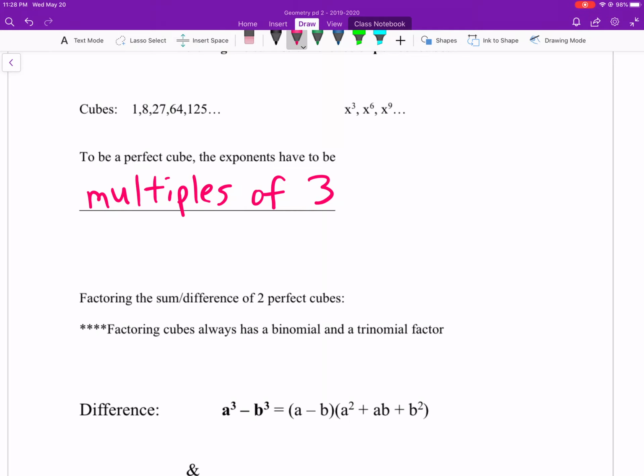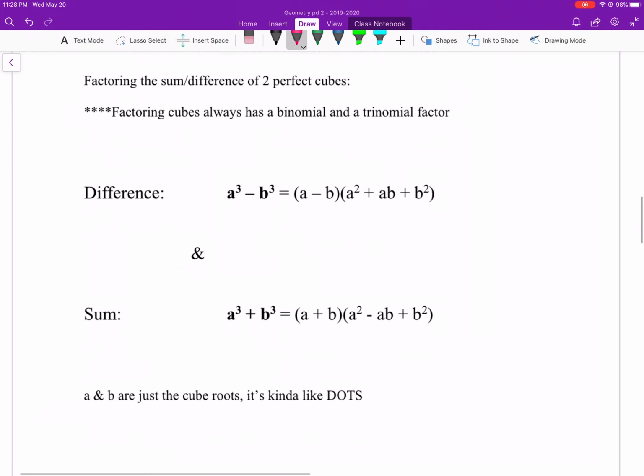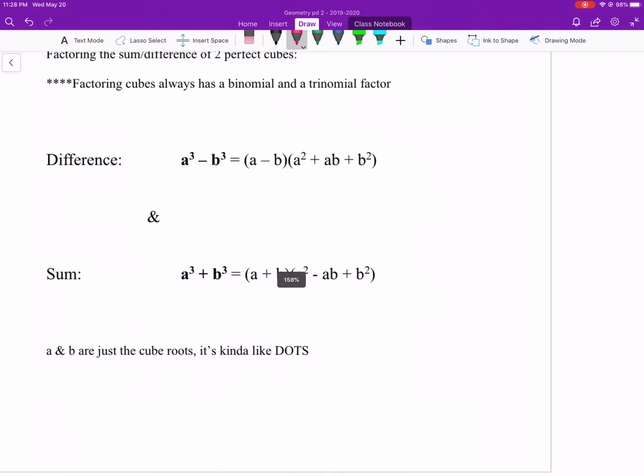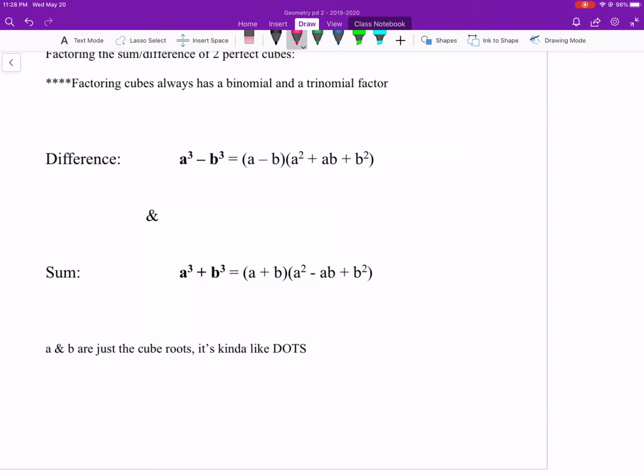Okay? Now, factoring the sum or the difference of 2 perfect cubes. Factoring cubes always has a binomial and a trinomial factor. So, if it's the difference of 2 perfect cubes, which is this here, a to the third is representing a perfect cube. B to the third is representing a perfect cube.